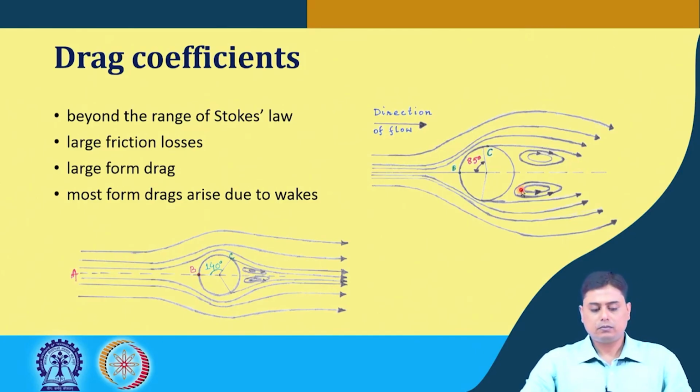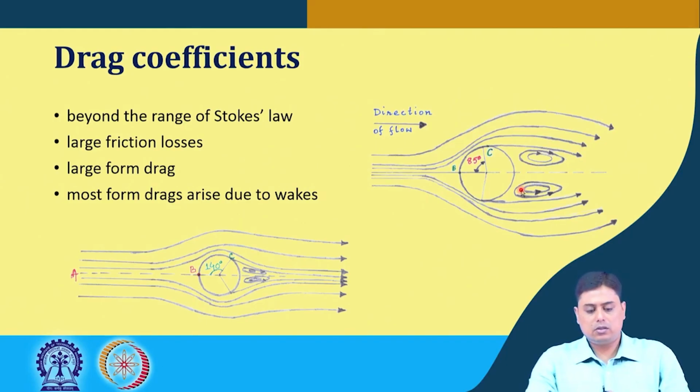So we can understand the applicability of Stokes' law, and the reason is that in these cases flow separation happens and you get larger frictional loss and larger form drag. We have seen examples of both laminar as well as turbulent flow conditions.